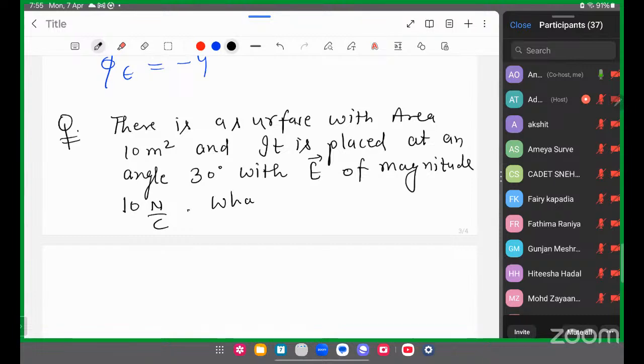What is electric flux through the surface?